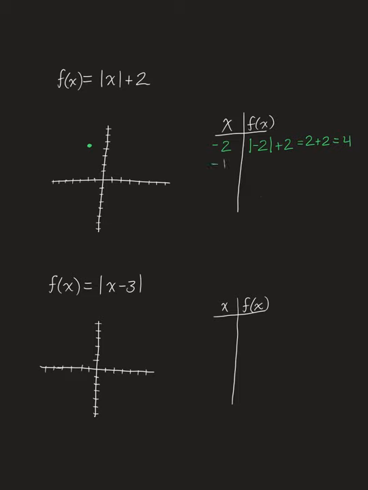If I plug in -1, I have the absolute value of -1 plus 2. The absolute value of -1 is +1, so I get 3. So my coordinate point is -1, 3. Let's plug in 0.